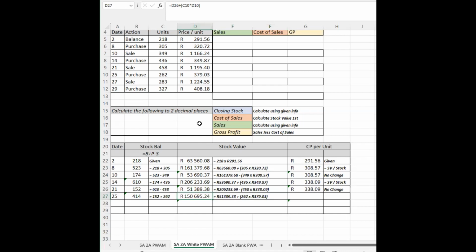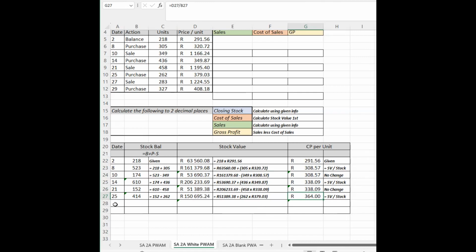It gives us a new stock value of 150,695 and a couple of cents. We go and we divide that stock value by the total number of stock, the 414 rather, and we get a stock value per unit, or cost price per unit, of 364.